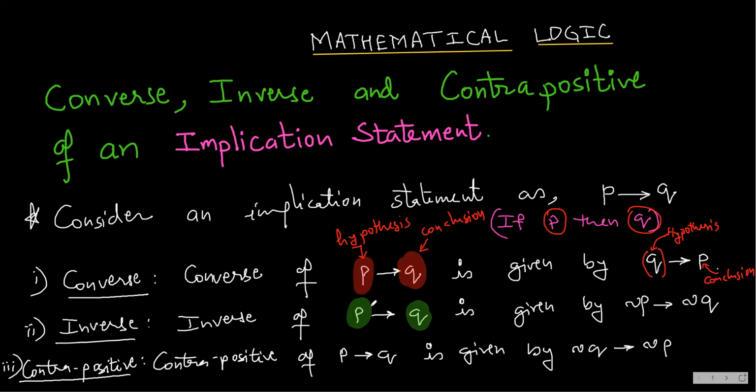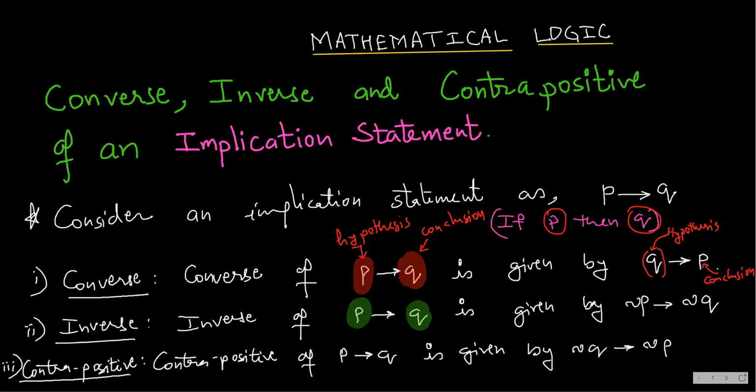If there is an earthquake, then the schools will remain closed. There is an earthquake is the hypothesis. Schools will remain closed is the conclusion. So first you have hypothesis, then you have conclusion. So here P is hypothesis, Q is conclusion.